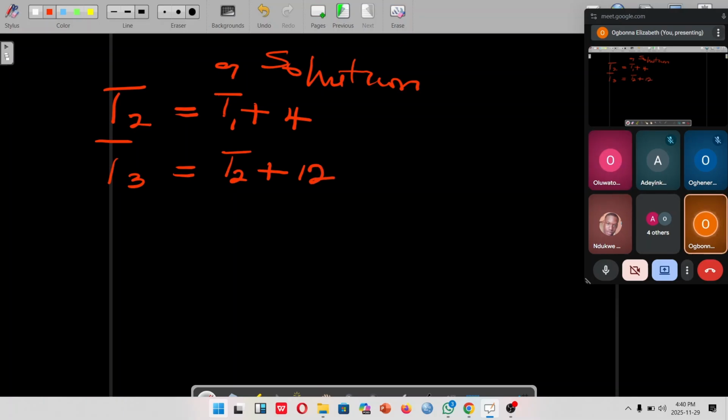That's all we're given. When you say exceed, increase or extended, all they are saying is another way of saying addition.